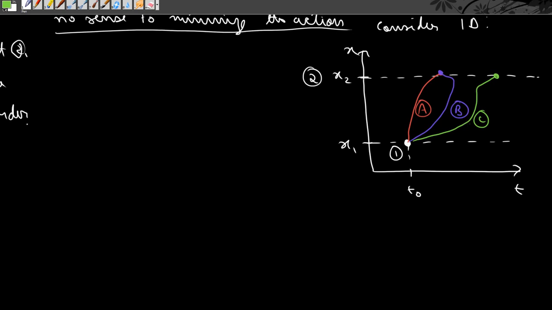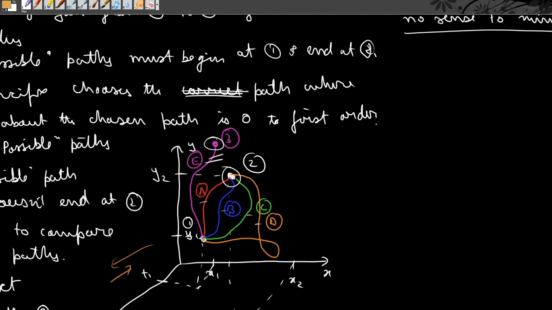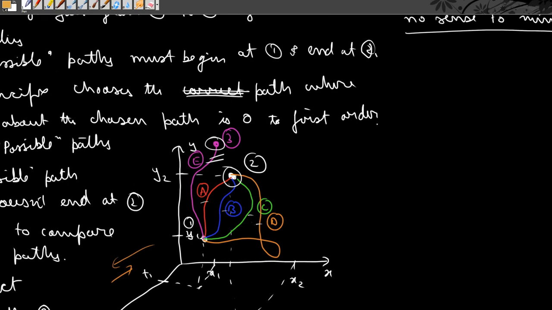And let's take another path which goes like this and call this path D. Now all of these paths A, B, C and D will have the same value of total energy E, just like in this case ABCD had the same value of total time taken for the particle or object to go from point 1 to point 2.